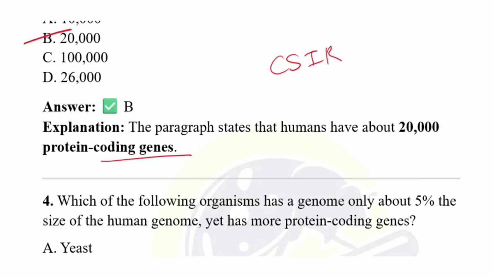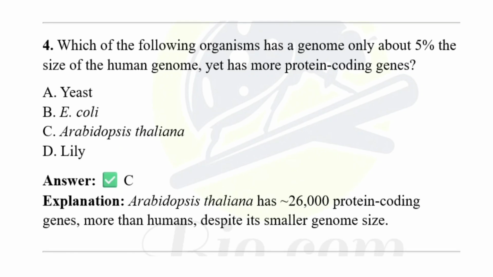Now next question. Which of the following organisms has a genome only about 5% of the size of the human genome yet has more coding genes? So it is none other than Arabidopsis thaliana, the model organism which people use to study complex mechanisms.